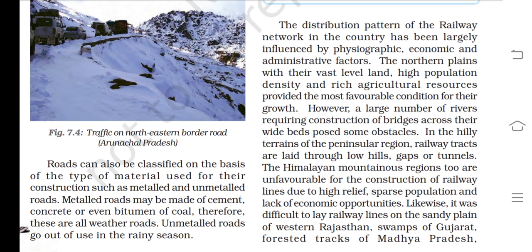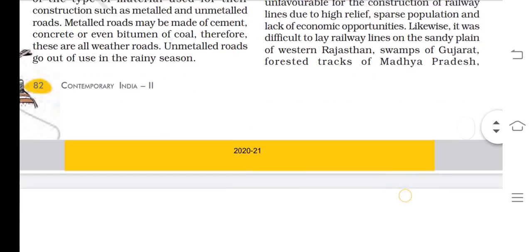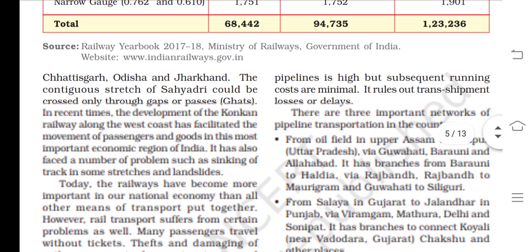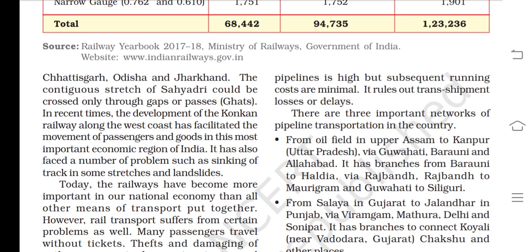It is also difficult to lay railway lines on the sandy plain of western Rajasthan, swamps of Gujarat, and forested tracts of MP, Chhattisgarh, Orissa, and Jharkhand. The contiguous stretch of Sahyadri could be crossed only through gaps or passes.